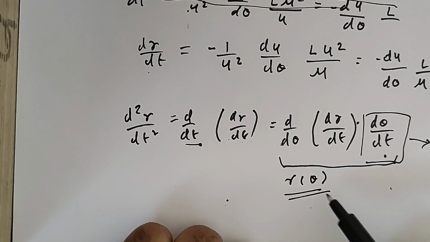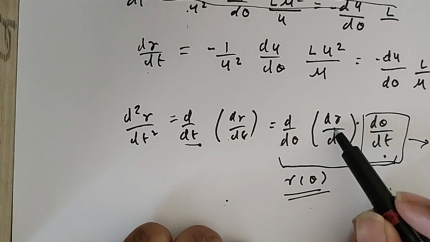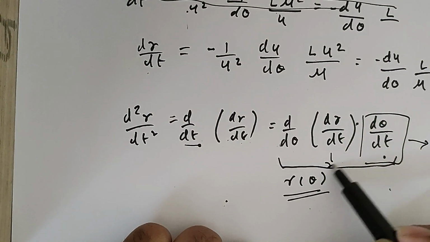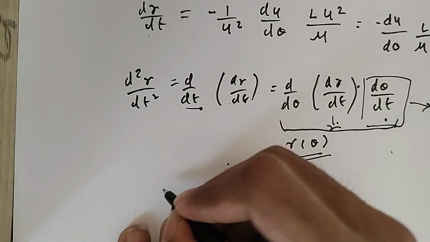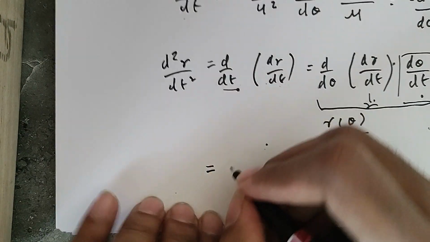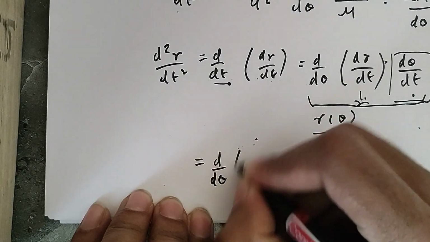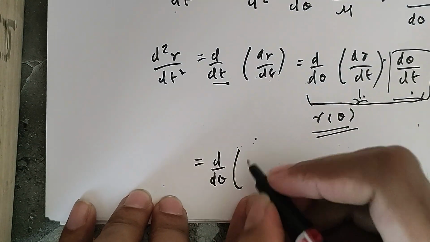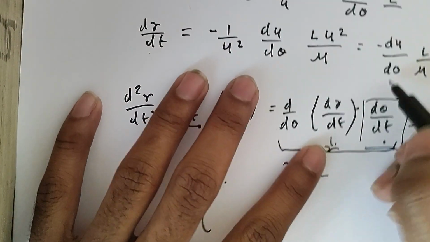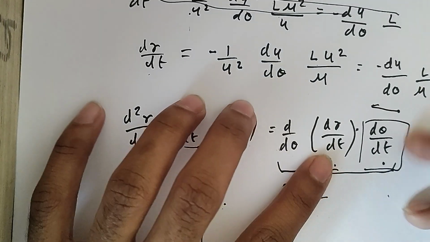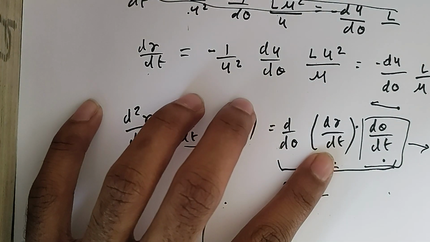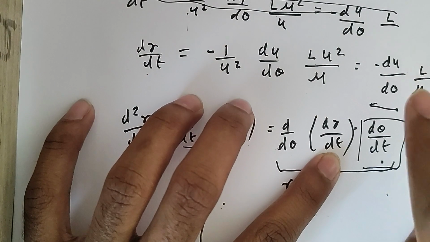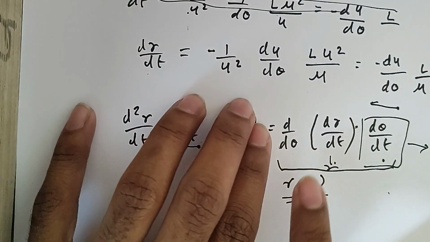Right now my r dot will be a function of d theta, because it's in differential form. Exactly. Now as I found my equation, see why I did it: because we have the d theta term, it gives me a complete hint that I have to use this to get this.